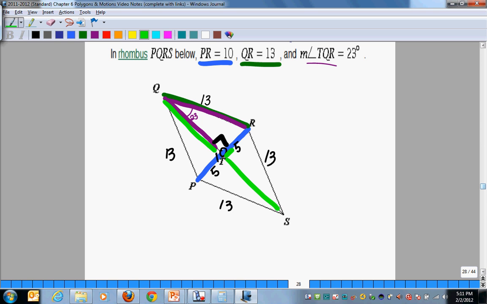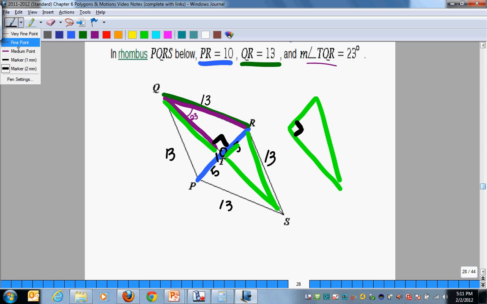So I'm going to pull this triangle out so you can see it, so we can work with it. We have a right angle in the middle. We have here a 13. Here we have a 5. And we want to find, let's say, TS.